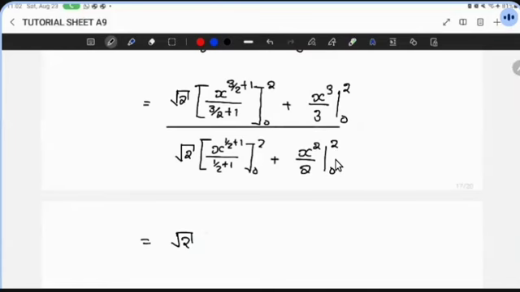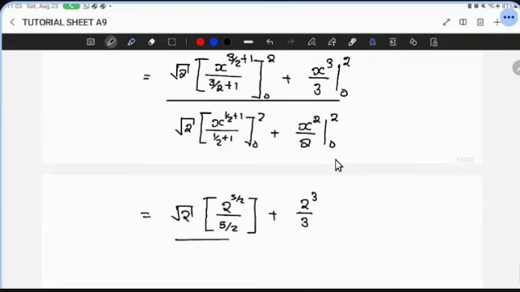So the first term becomes 2. When I add 3 over 2 plus 1, I will have 5 over 2. So this will be 2 to the power 5 over 2, over 5 over 2. Then the other term will have 2 to the power 3 over 3.